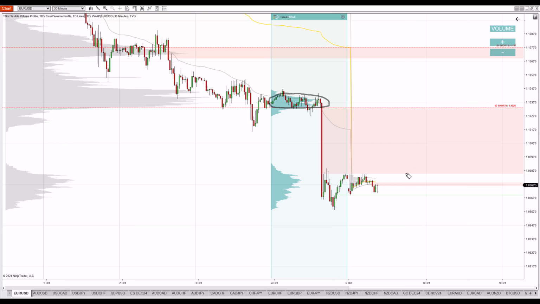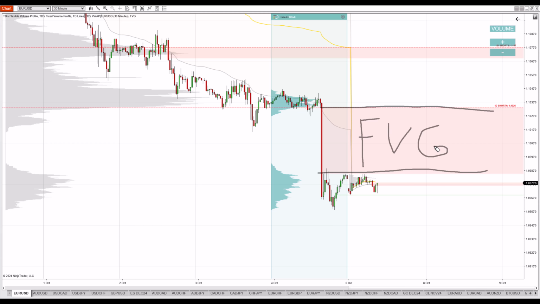So what we need to do now is just wait for that pullback, and when the price reaches here, if it reaches here, then go short from there. Now, if you look in this red area, this one, this highlighted area, this means that there was a huge fair value gap. This is a concept from smart money trading, and the beginning of that fair value gap is in here.